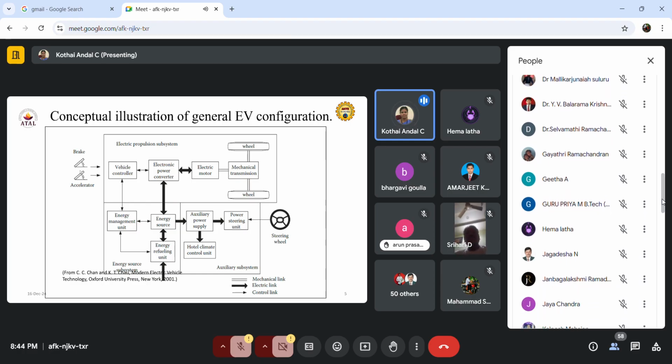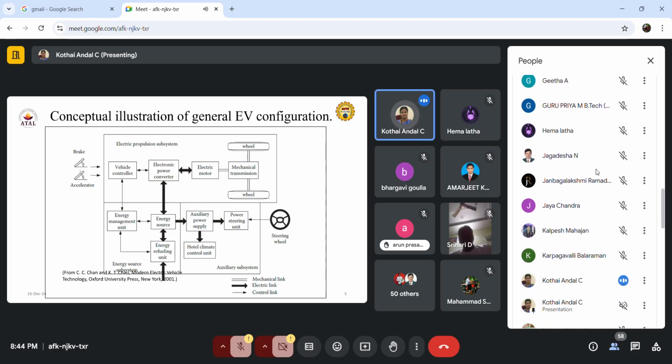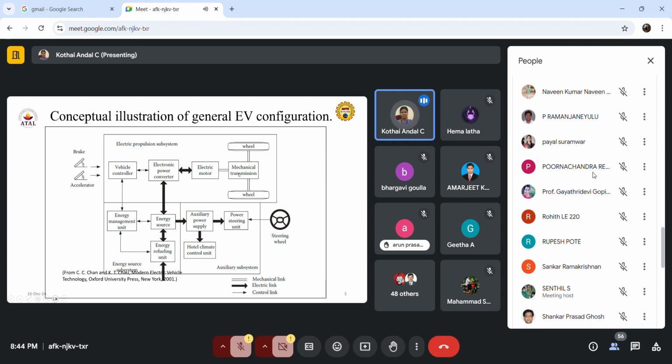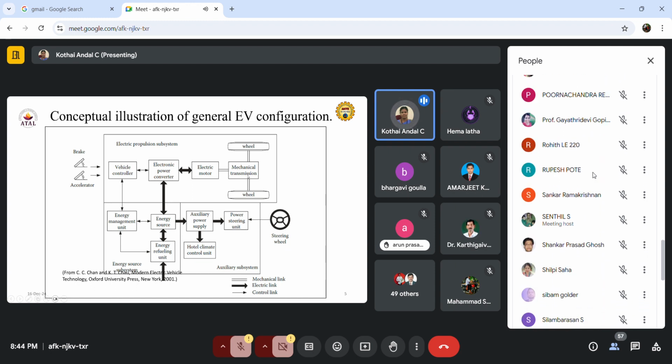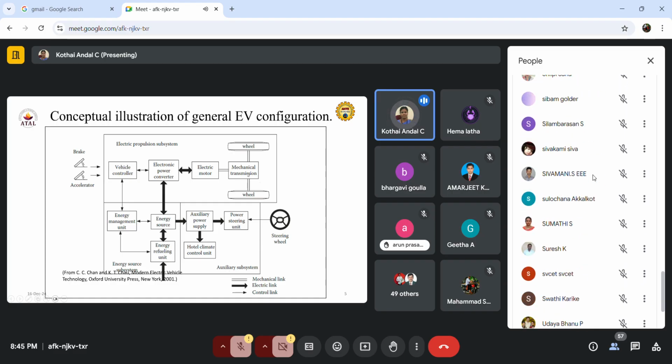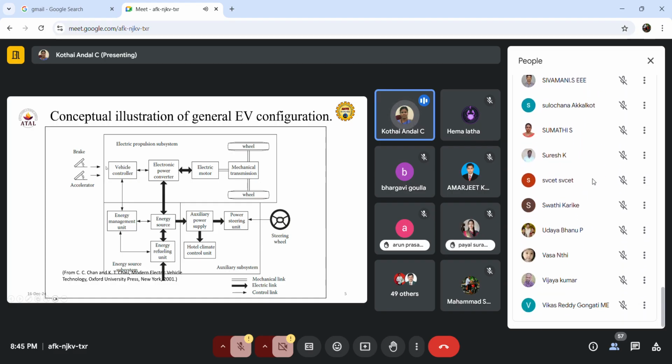During accelerating mode, power has to flow from the electric motor to the mechanical systems, or during braking mode, that is regenerating mode, the mechanical transmission feeds power back to the motor. That is decided here.